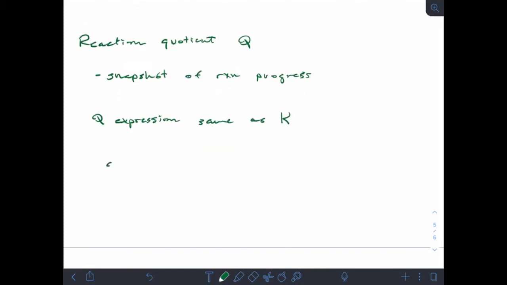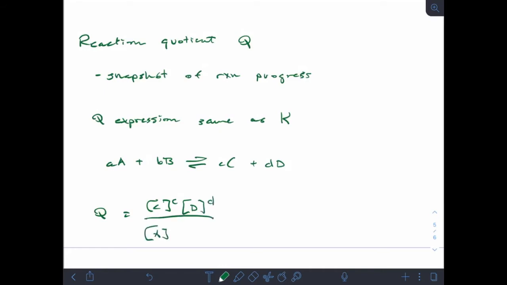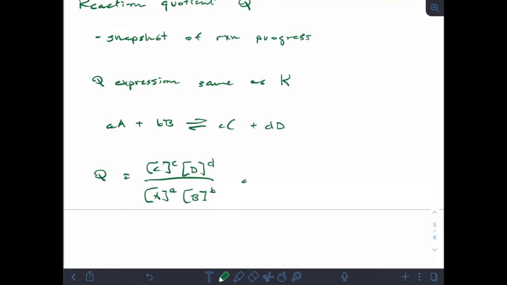So if I have my generic reaction that we've been using, Q is exactly the same as K. I'll have C to the c power, D to the d power, A to the a power, and B to the b power, right? Also works for pressures.